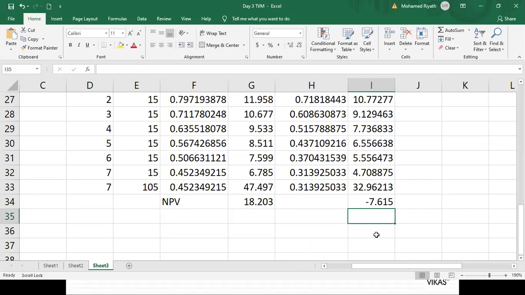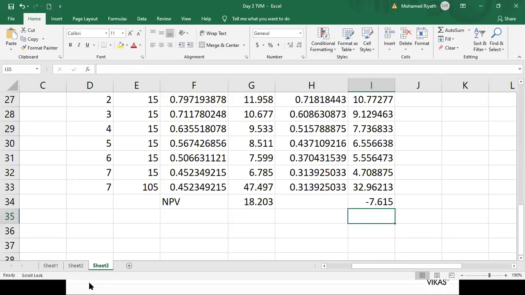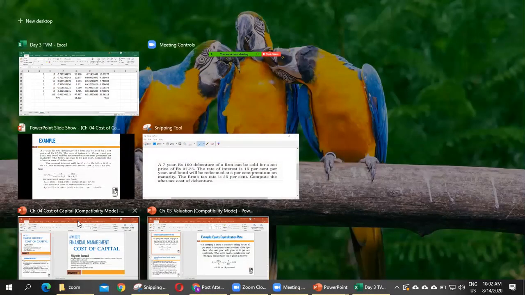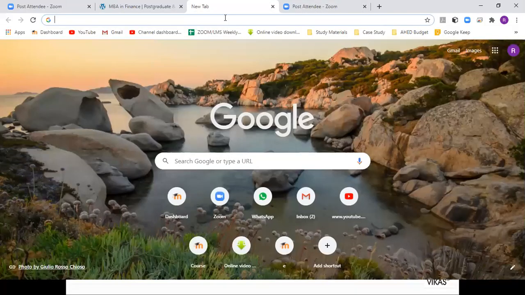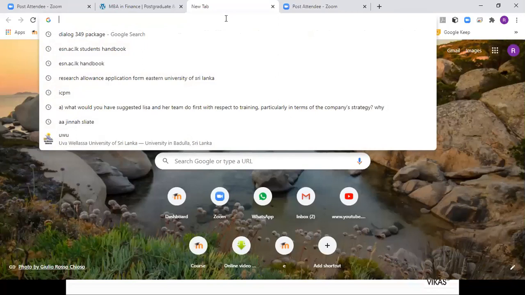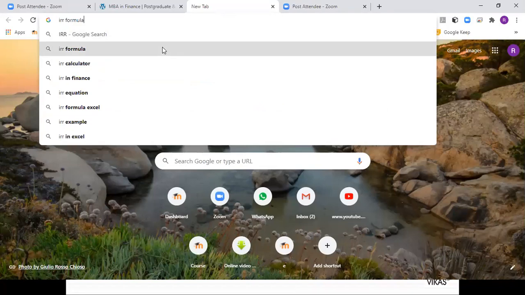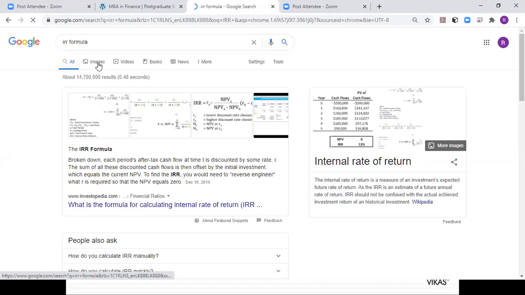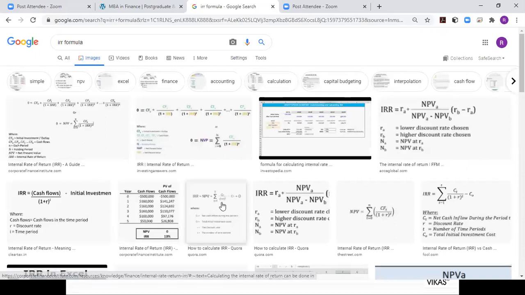So we have two rates, right? What's the NPV formula?